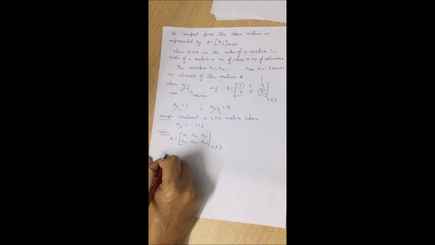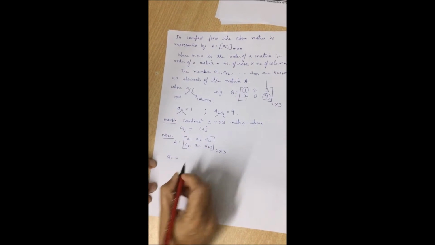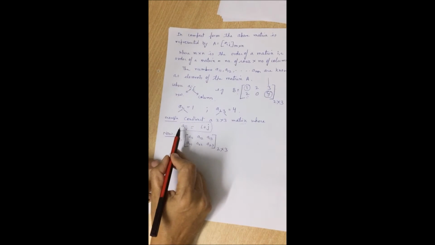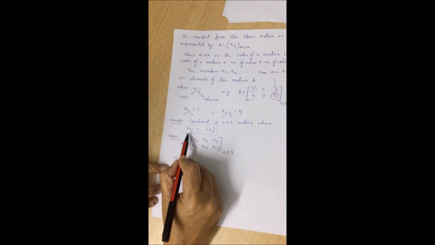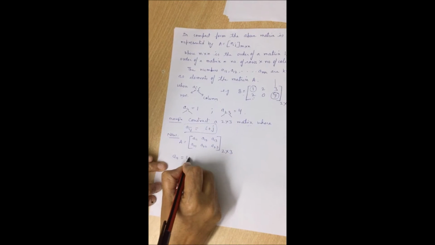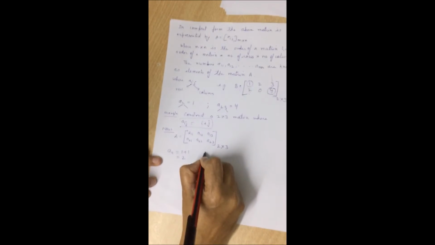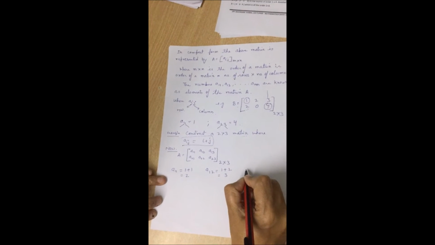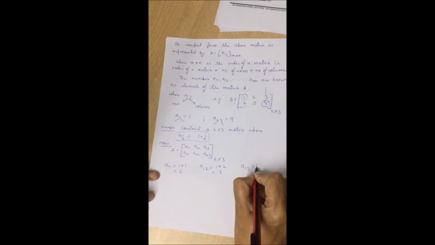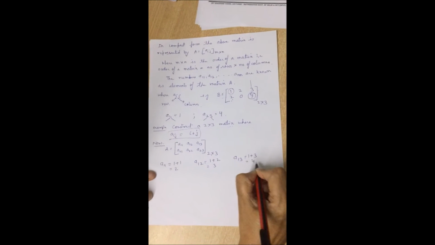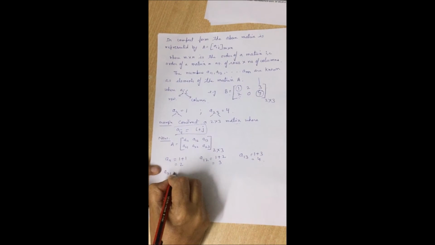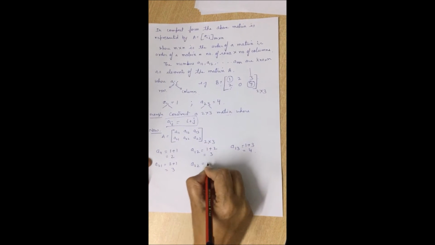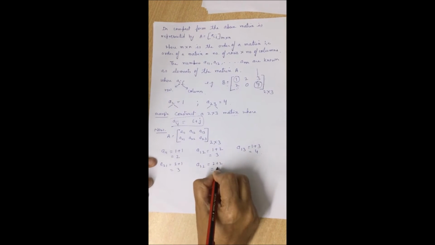Now how to find A11? A11 can be found out by using this formula which is already given in the question. A11 equals 1 plus 1, that is 2. A12 equals 1 plus 2, that is 3. A13 equals 1 plus 3, that is 4. Now A21 is 2 plus 1, which is 3. A22 is 2 plus 2, which is 4.